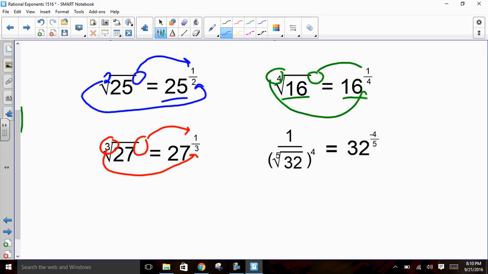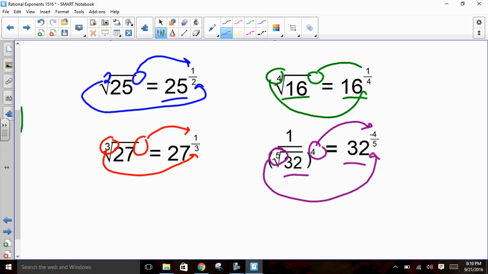There's a bunch of stuff going on in this last one. So first steps first, the 32 got copied. My fifth root, because I have that 5, the 5 becomes the denominator. The 4 then becomes the numerator. Which we're like, hey, but that 4 has a negative.